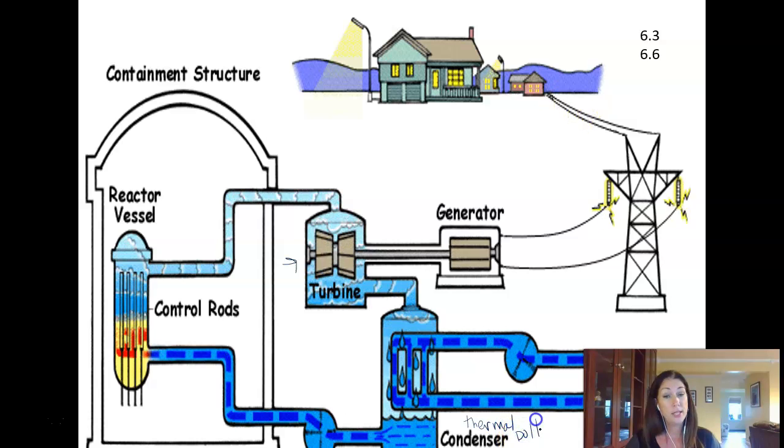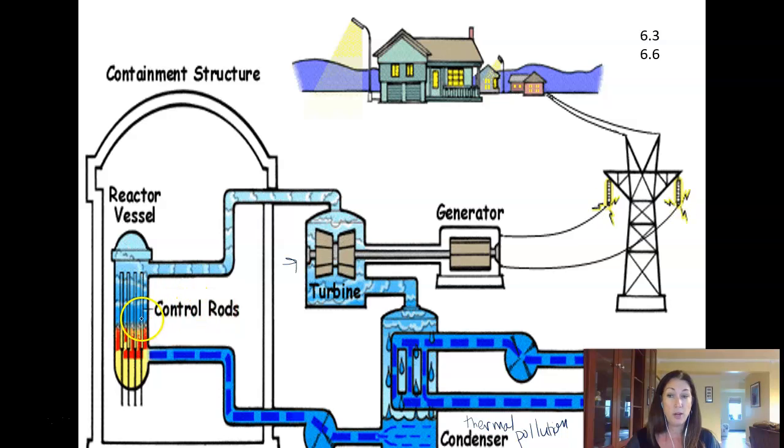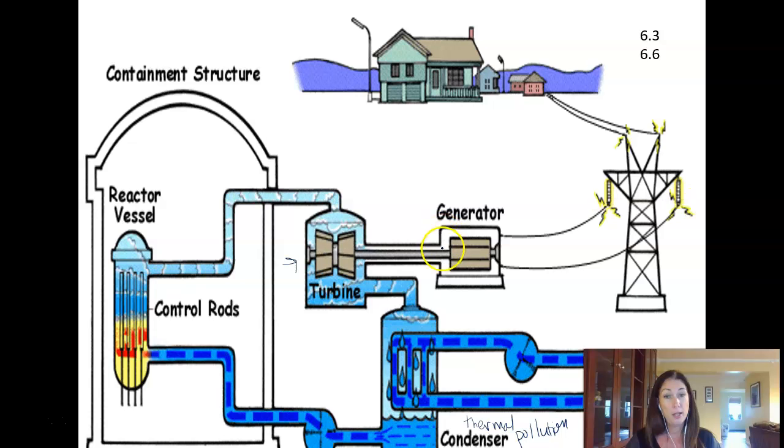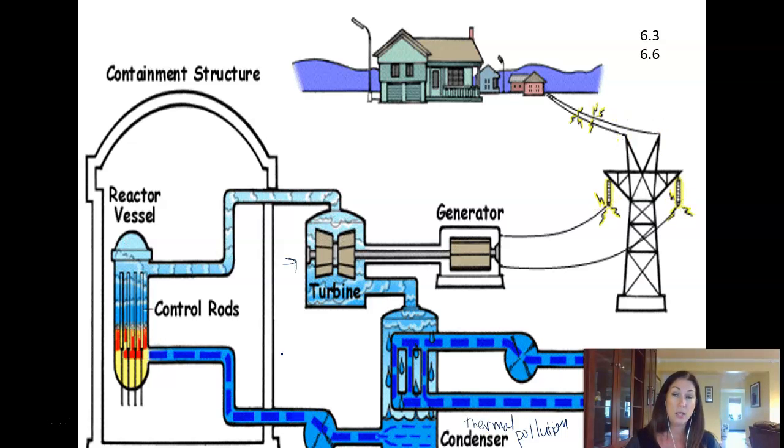Okay, so this again is our only form of direct pollution from nuclear power, is that thermal pollution. But it's the same process that we're trying to find a way to make heat, to make steam, to turn a turbine connected to a generator, and then we condense that heat again. So this is just another method. We have both types of plants in the United States. This one is a little bit more dangerous in terms of radioactive potential.